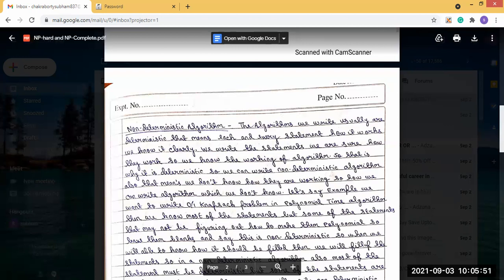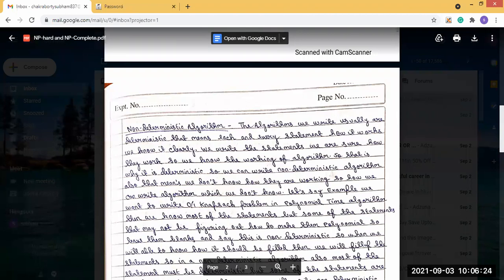We know all or most of the statements, because most of them we already know, but some statements we have not figured out how to make polynomial. Then what should we do? We will leave a blank on that statement, or we can say that is the non-deterministic.